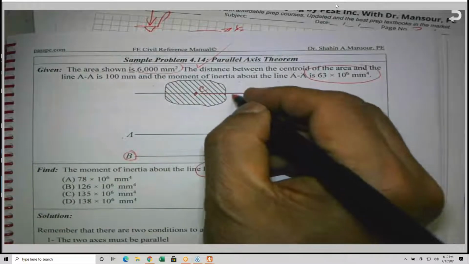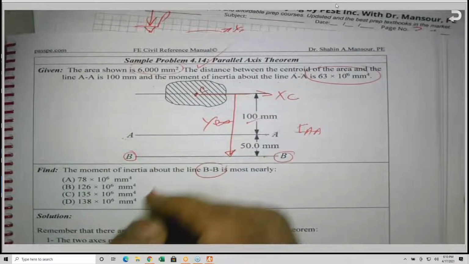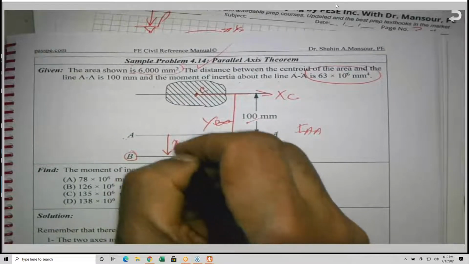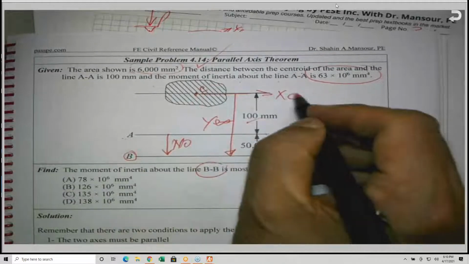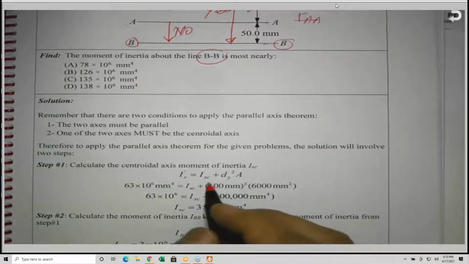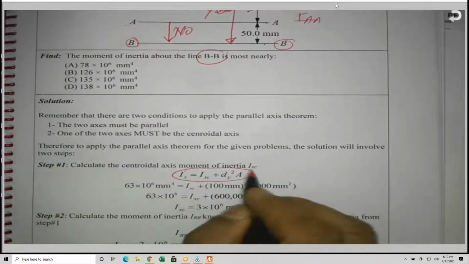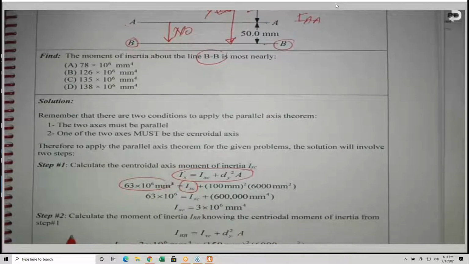I can transfer from here to here, yes, but from here to here, no. So first, I need to determine IXC. I use the equation that's given. This is given, and I don't know IXC. I get IXC, and this is step number 1.